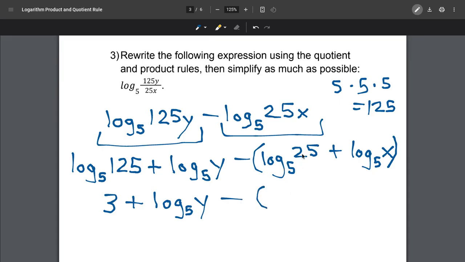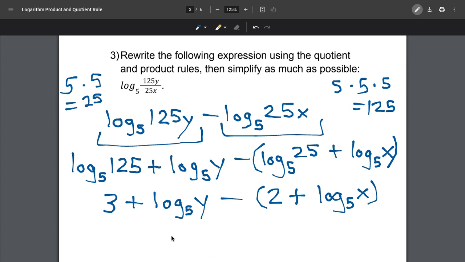Now, log base 5 of 25. Well, that's asking us to what power do we have to raise 5 to get 25? Well, that's 2, because 5 times 5 is equal to 25. So that's 2 here, and then plus log base 5 of x.